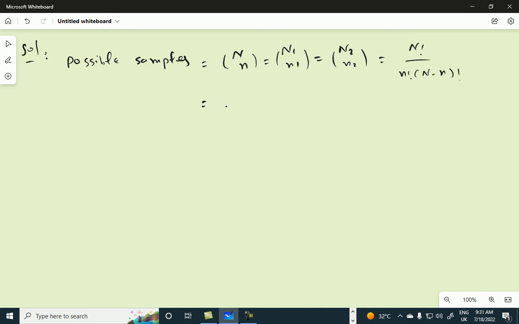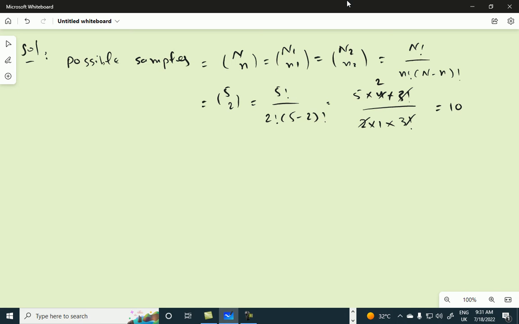So, this is equal to 5 choose 2, which is 5 factorial divided by 2 factorial into (5 minus 2) factorial, or 5 into 4 into 3 factorial divided by 2 into 1 and 3 factorial. The 3 factorial cancels out, and this is equal to 10, because 2 cancels with 4. So, you will have 10 possible samples each for population 1 and population 2.